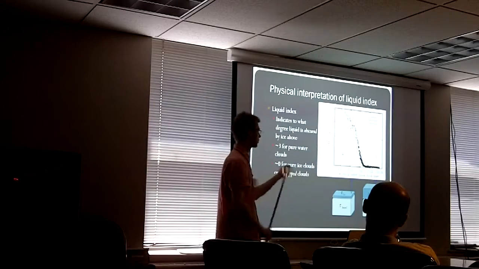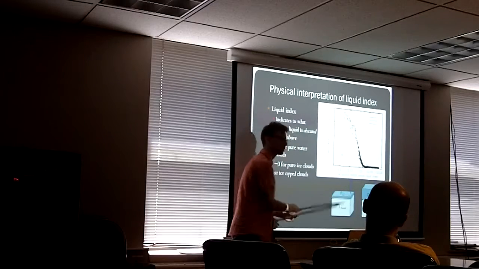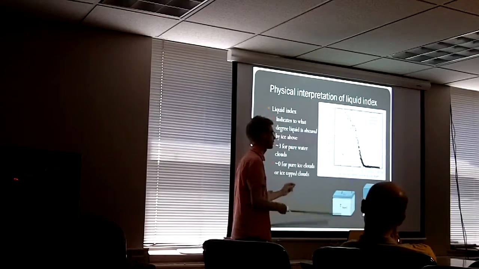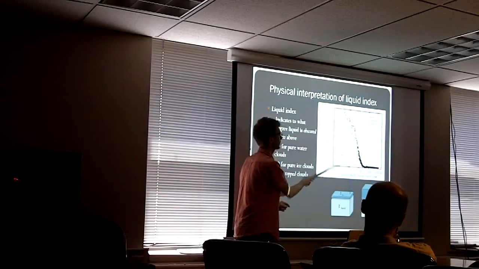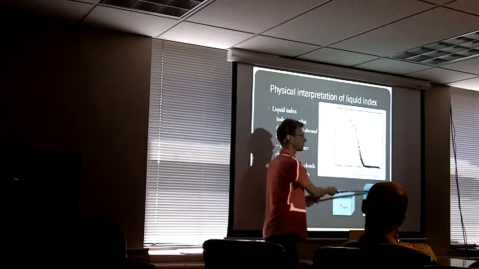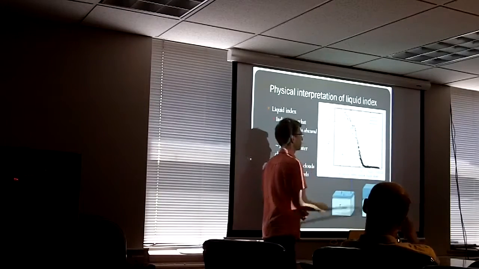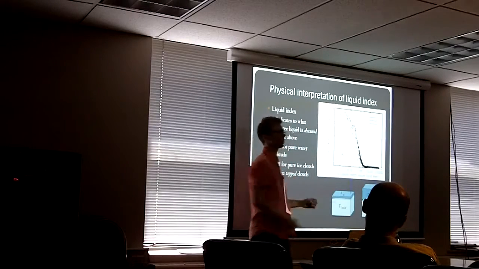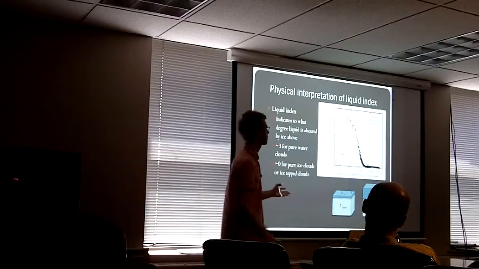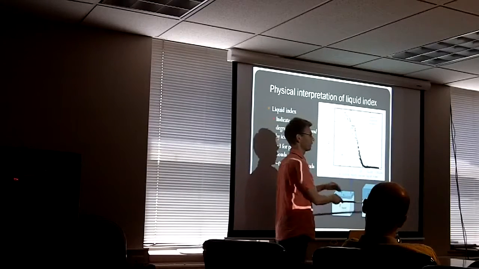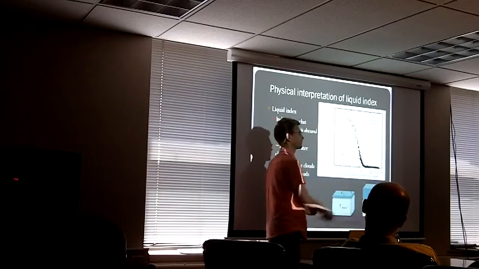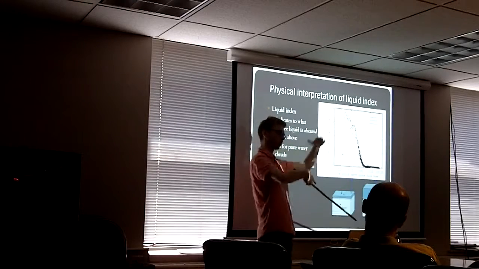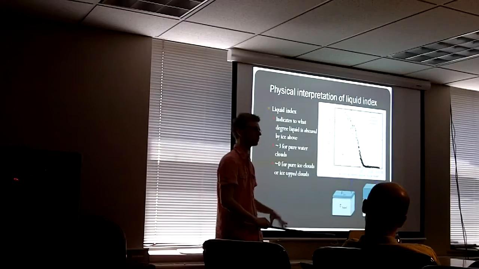So I have a liquid cloud with some ice layer on top, and when it's a very low optical thickness ice layer, then I end up here. And if it's a very thick ice layer, I end up here. So if you have very low optical thickness ice above your liquid layer, then your liquid index is around 3. And if you have basically an ice-topped cloud, then the liquid index is 0. So the liquid index actually tells you how much optical depth of ice you have above your liquid part of the clouds.